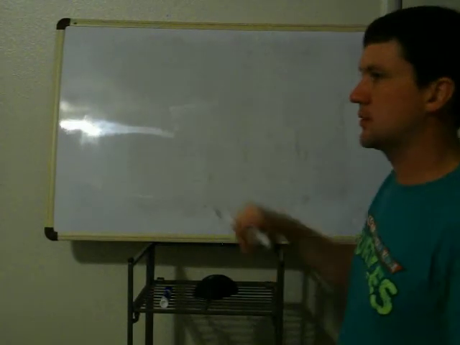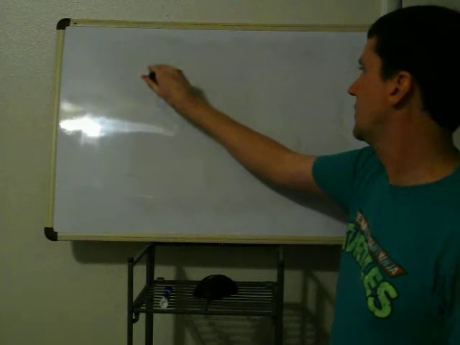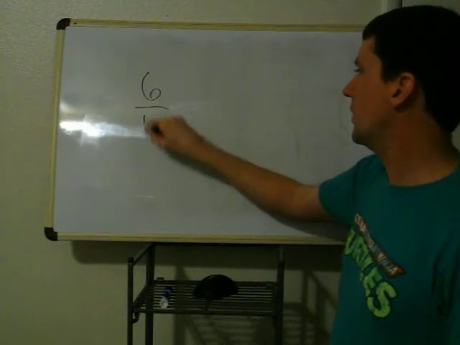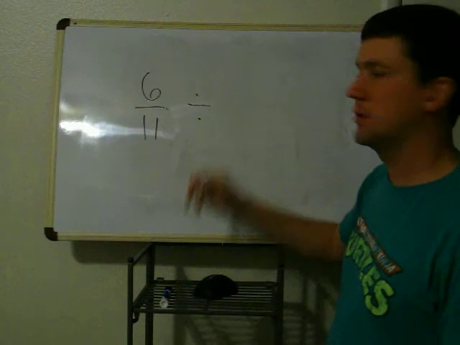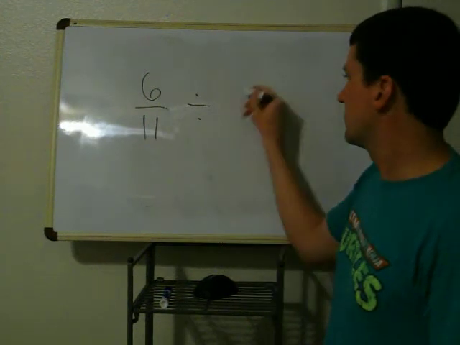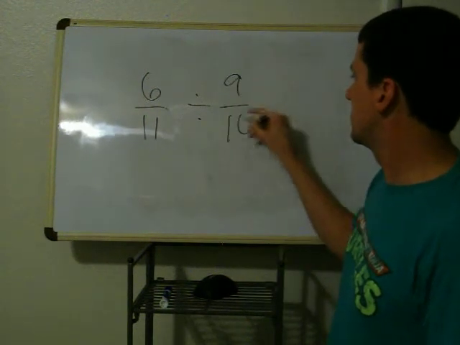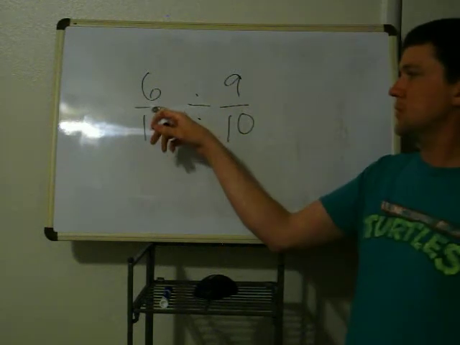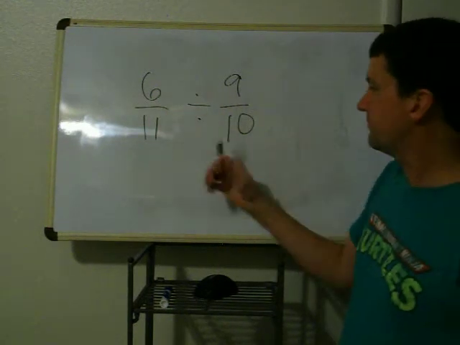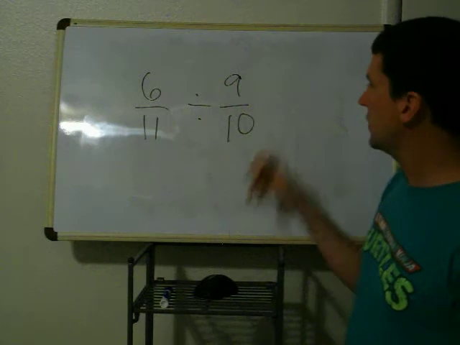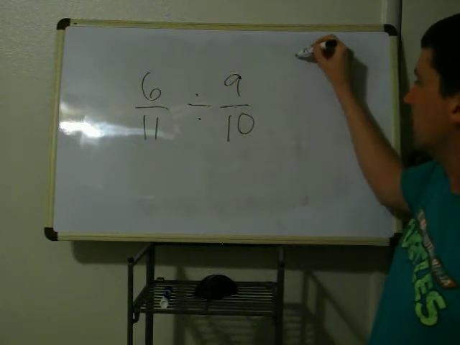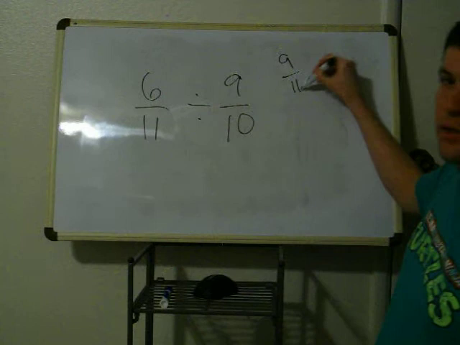Let's do another one. Let's say 6/11 divided by 9/10. Again, we can't just multiply across, so we take the reciprocal of 9/10, which would be 10/9.